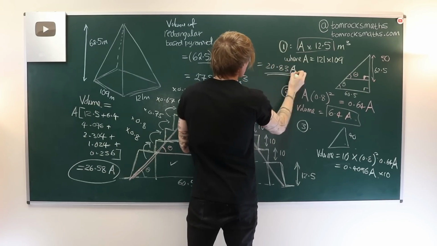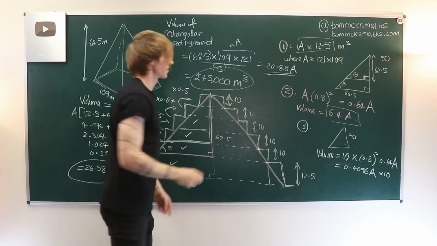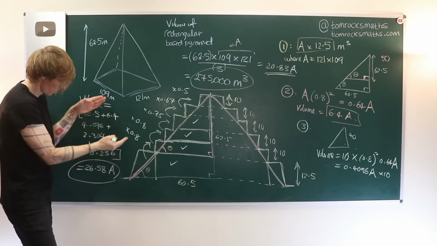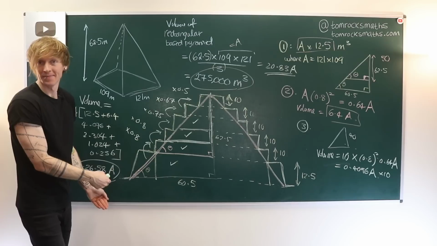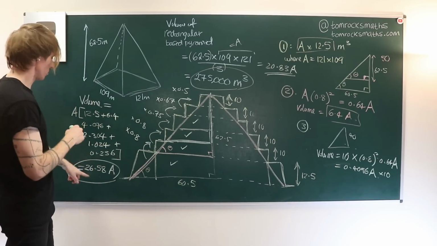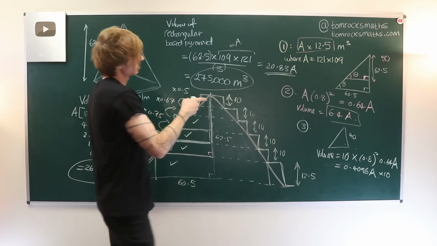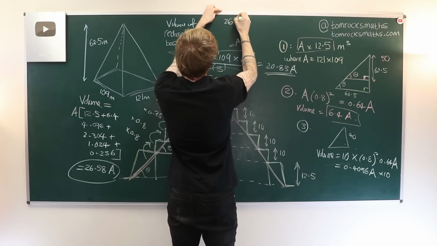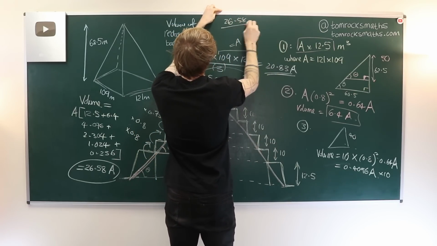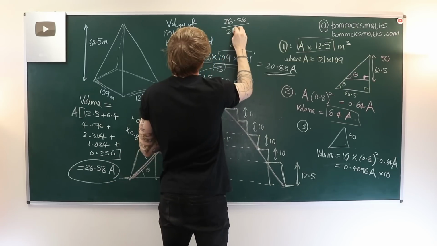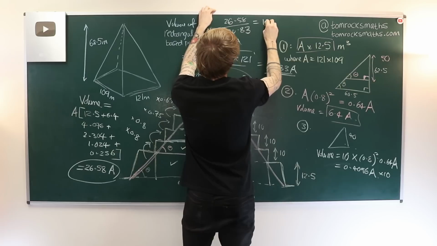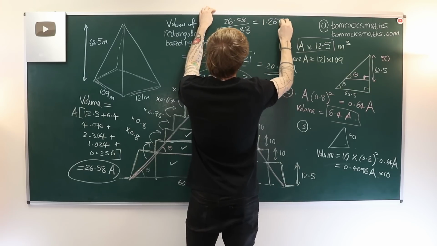So if 20.83 lots of a is 275,000, we have 26.58 lots of a, we have a bigger number. And to see just how much bigger, we just look at the ratio of those two. So if I look at 26.58, and then I divide by 20.83, then I'm going to get, I did this one earlier, 1.267.